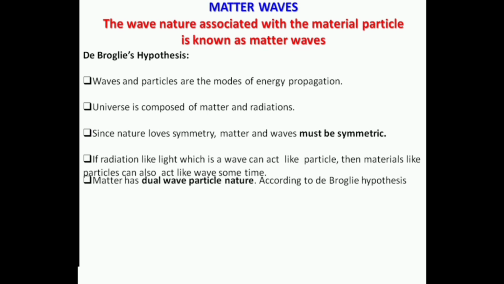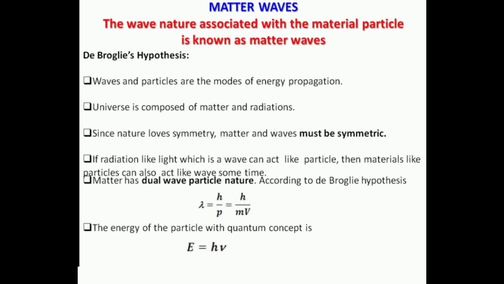So matter has a dual wave-particle nature according to the de Broglie hypothesis. It has both particle and wave-like nature. So lambda equals h upon p, where h is Planck's constant and p is the momentum of the particle, which is mass times velocity. The energy of the particle with quantum concept is E equal to h nu.